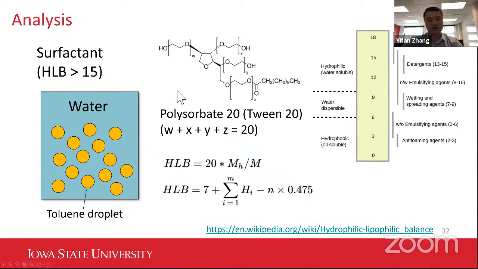For a certain surfactant, you can consult the literature for its HLB value, or you can calculate it with either of these two methods. Based on that, the HLB value of the 2020 here is 16.7, so it is reasonable to reduce the surface tension to make a stable emulsion system.